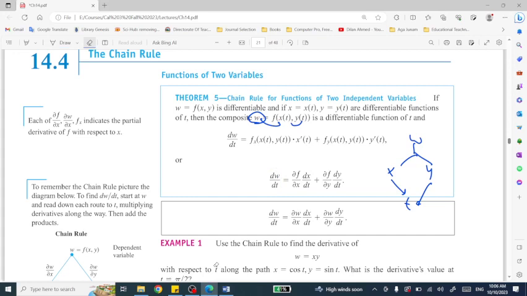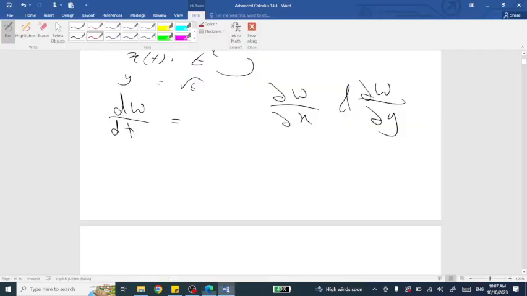If you recognize it, we have partial x and partial y, and at the same time dx by dt, not partial. Why not partial? Because x is only a function of t squared. So if I talk about the derivative of x, I should say dx by dt. At the same time, y equals square root of t.